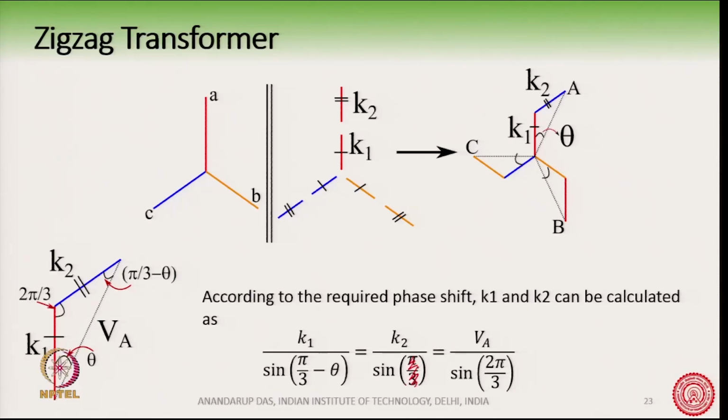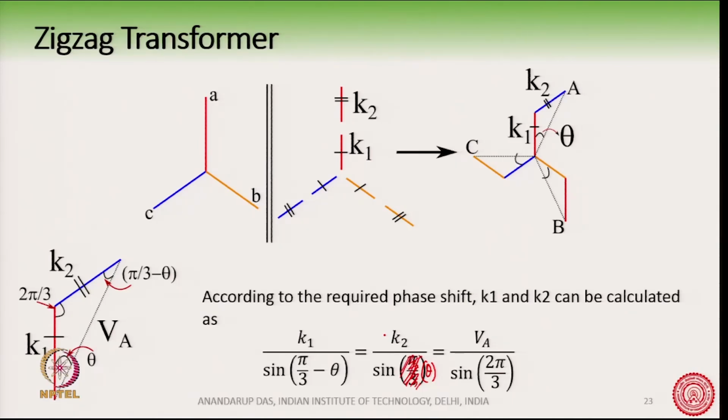So, this is not pi by 3, this is K2 by sin theta. Okay, there was a mistake. So, K2 by sin theta is equal to VA by sin 2 pi by 3. Now we can find the required K1 and K2 in terms of VA.